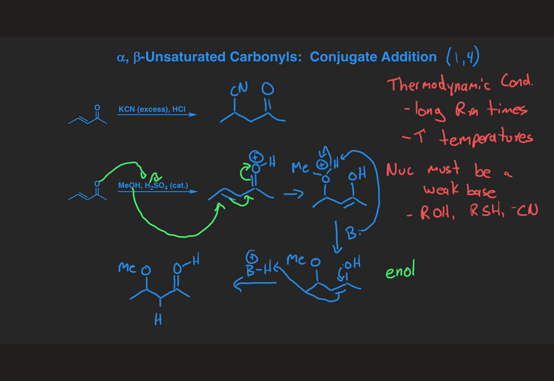And in a final step, some base is going to come in, take the proton from the oxygen, which should have had a positive charge, and pick up this proton to give the final product, with the ketone intact here.